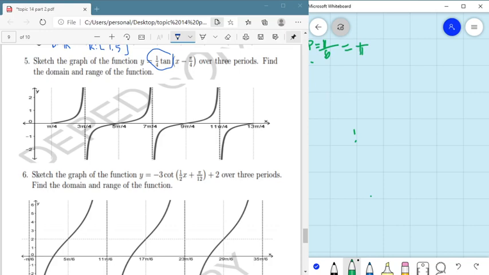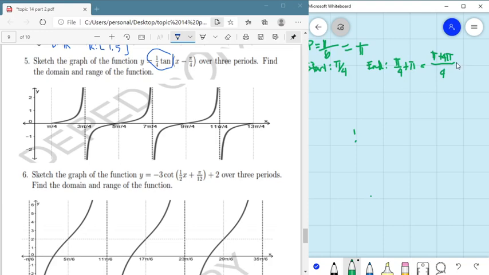Since this is minus pi over 4, the starting point is pi over 4. Then pi over 4 plus pi, which is 4 pi over 4 plus pi, equals 5 pi over 4.